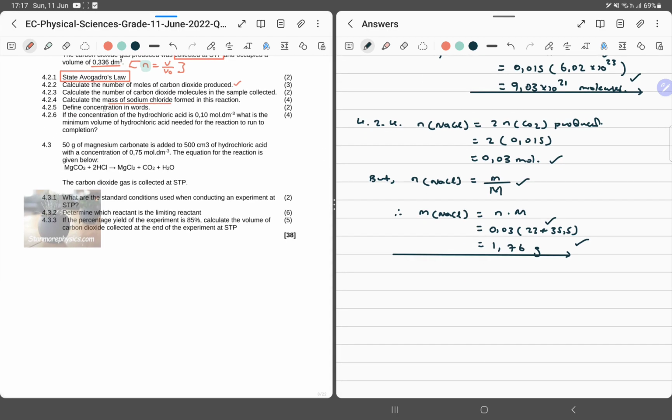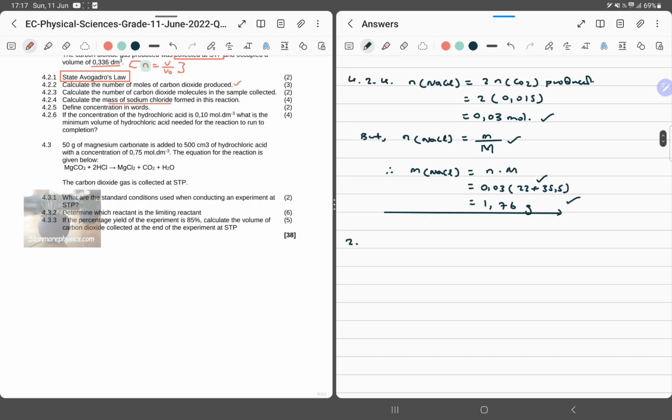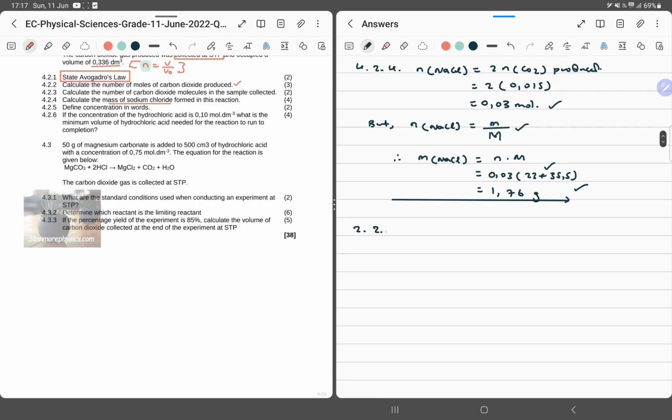Now it says define the term concentration in words. Is it the ability to concentrate in class? Not necessarily. Concentration basically is the amount of substance dissolved in a unit volume.